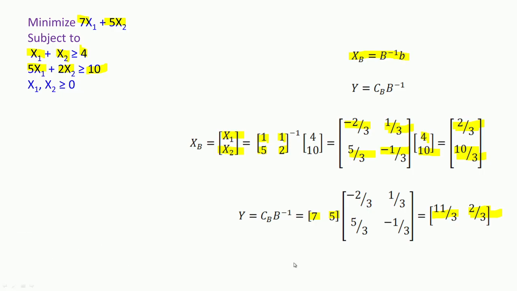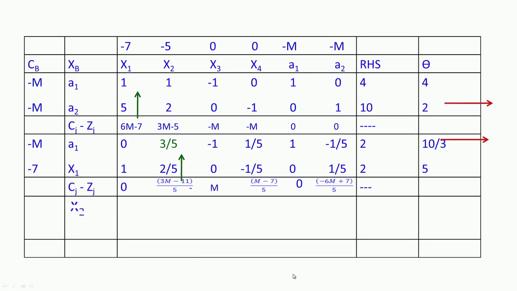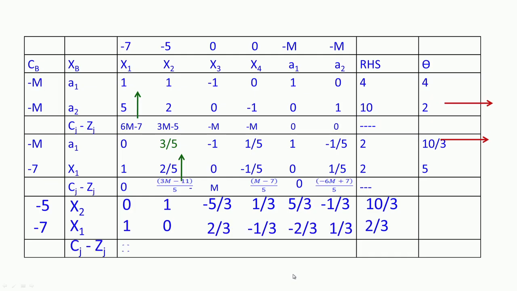Now, we see what happens to the table. When we did the big M method, we realized that the negative of the Cj minus Zj showed this. So, the negative of the Cj minus Zj showed the value here, but because we use the big M, the identity matrix is here.